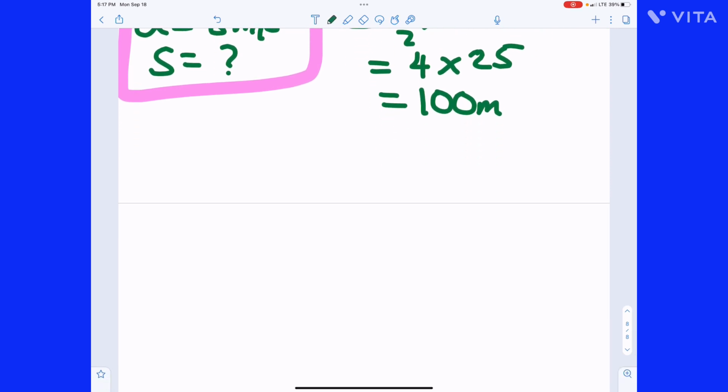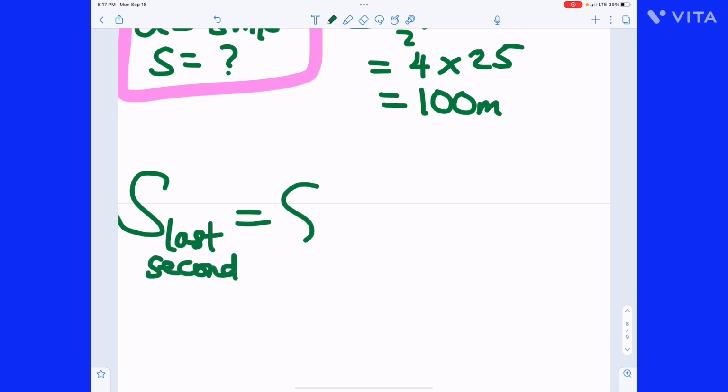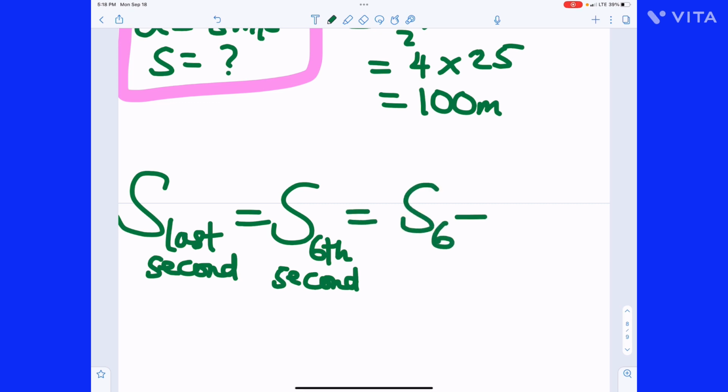So the distance traveled in the last second, which is also the distance traveled in the 6th second, is equal to S6, distance traveled for 6 seconds, minus distance traveled for 5 seconds.